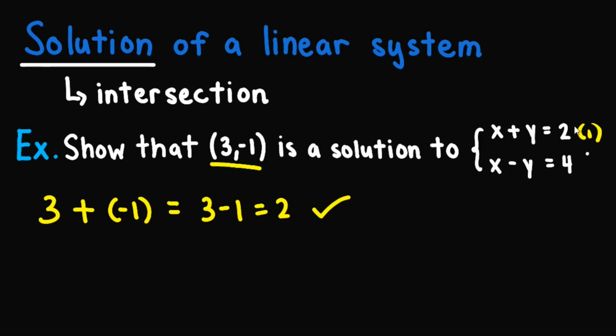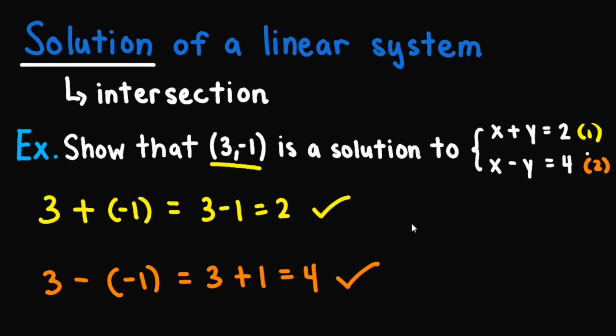For the second one, let's plug in (3, -1). So we have here 3 minus -1, and this will give us 3 plus 1, which is 4. So it also matches the right side of the second equation. Therefore, we say that the equation also holds.